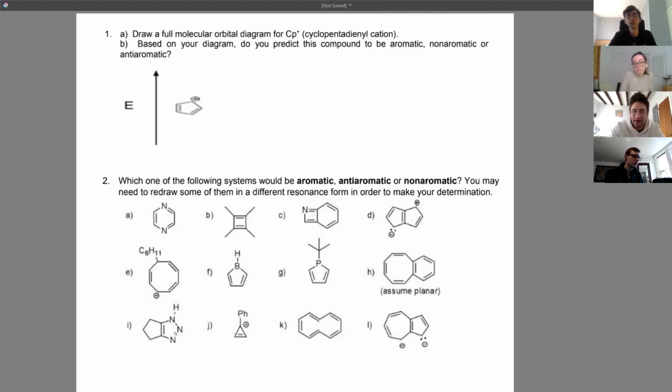Phosphorus is P. Okay, it's because phosphorus can contribute an electron pair. I was thinking the same thing, the p orbital, like an empty orbital. Oh, okay, gotcha. And for that same logic, do you also say that F was aromatic?